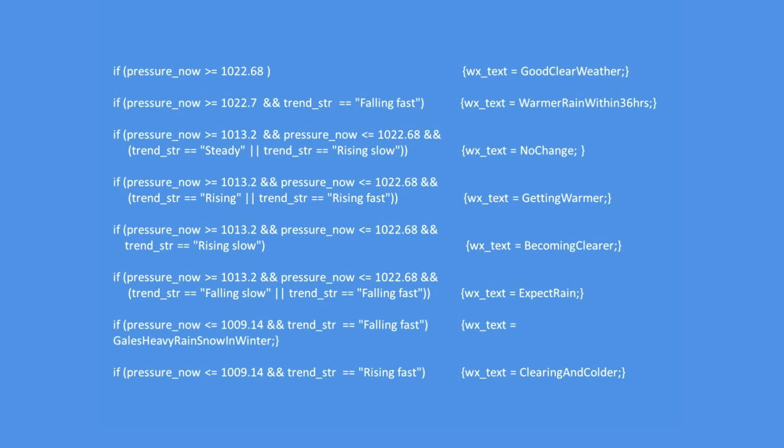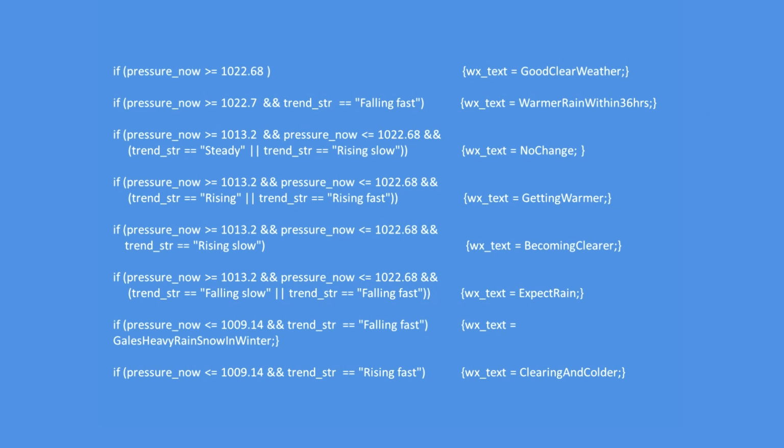Or similarly, if it's falling fast, you'll get gales and heavy snow, and all the combinations therein. There are quite a few more rules in the source code, which you'll find on GitHub. I have good correlation with my own weather station, so I have confidence in the outcome.